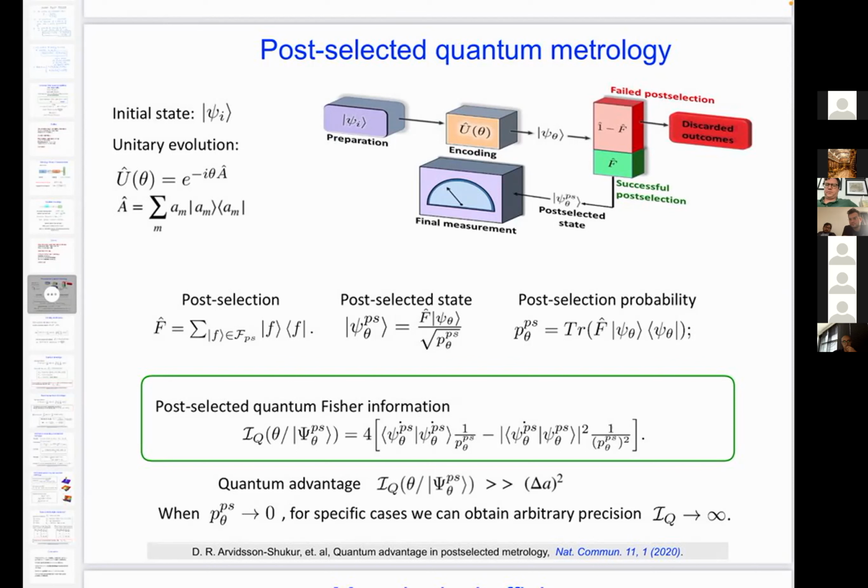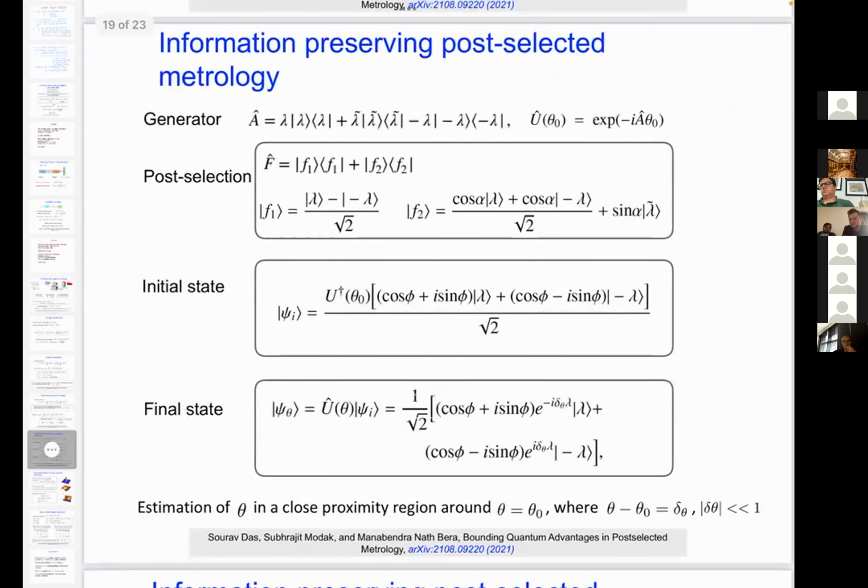Now I want to tell something more on this. The way we design our protocol, what we took care of is that all the information in the discarded basis is 0.